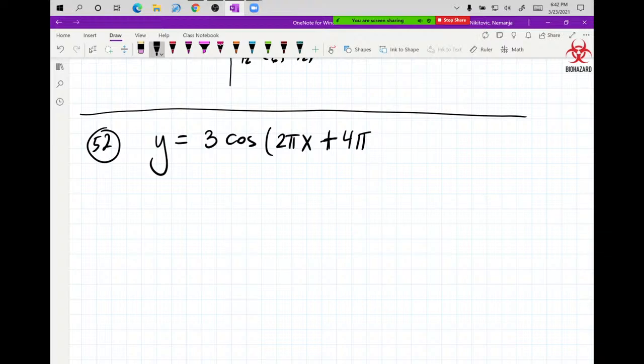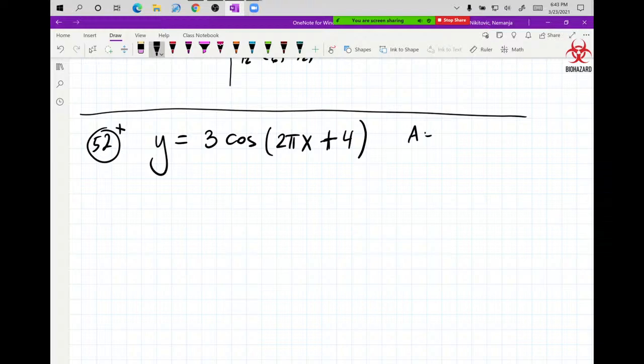This is actually a typo here, because they should have just said plus 4. I'm going to fix this problem. Just plus 4. So this is problem 52 plus. It has to be a typo in the book, and you will see why.